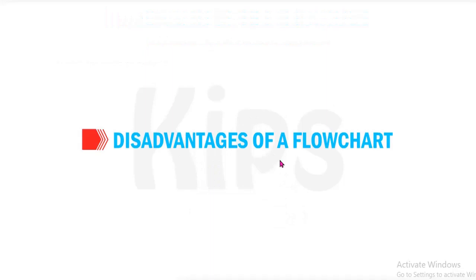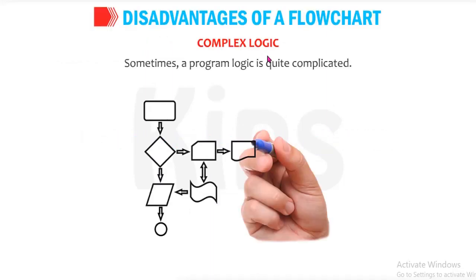We will see what are the disadvantages of flowcharts. Complex logic. What do you mean by complex? Yeah, difficult. Suppose it is a long problem, for example, preparing a mark card. Your test is coming soon. Approximately October 3rd onwards, you may start the first test. If you have to prepare a mark card, then we have to find: if you get less than 17, fail.